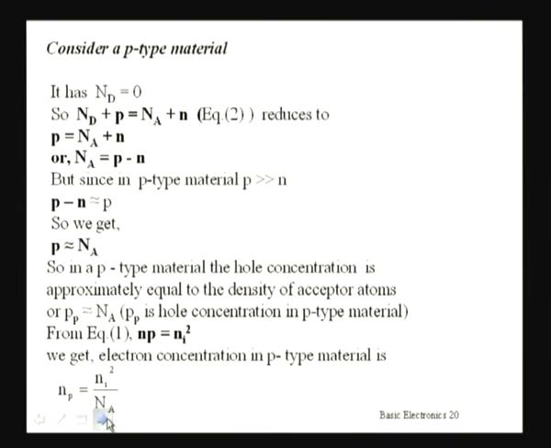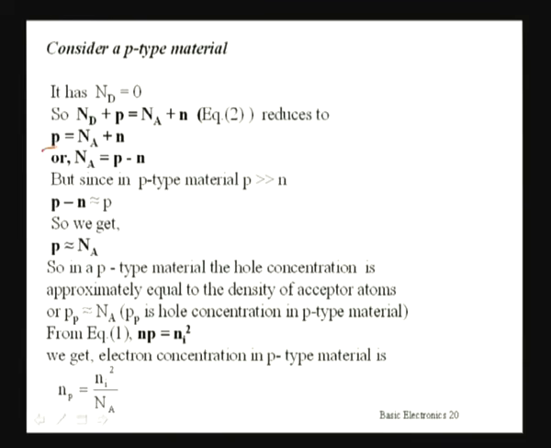Here we are using equation number 1, the mass action law. Similarly, if we consider a p-type material, the donor concentration is 0. So equation 2 reduces to p is equal to Na plus n, or Na is equal to p minus n. Since it is a p-type material where the hole concentration is much more than the electron concentration, p minus n can be approximately written as p. So p is almost equal to Na.